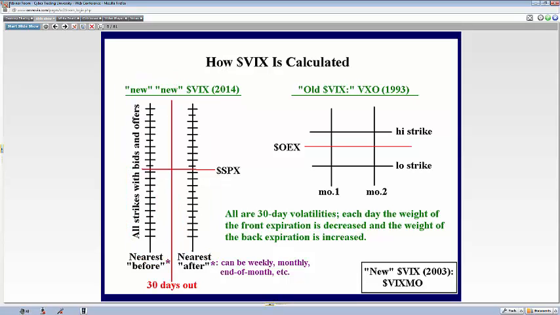It's a fairly complex calculation, probably not something you want to attempt yourself. But it does use SPX options to make this VIX calculation. So that's the basis for this. And again, very importantly, it's a 30-day volatility estimate. And when we talk about trading these products, you'll see why we have to try to approximate or at least stay within a 30-day time frame.